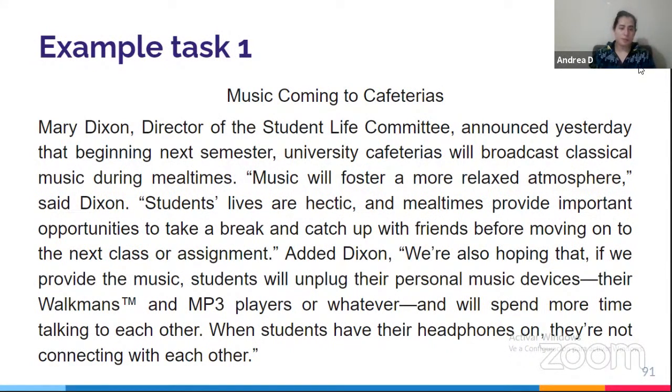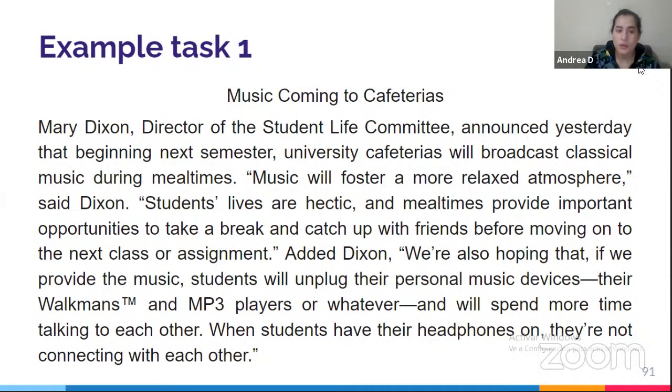Okay, thank you, Ian. So what do you guys think about this? First of all, can anybody tell me what the change is? So what are they gonna do? They're going to play classical music in the cafeteria.